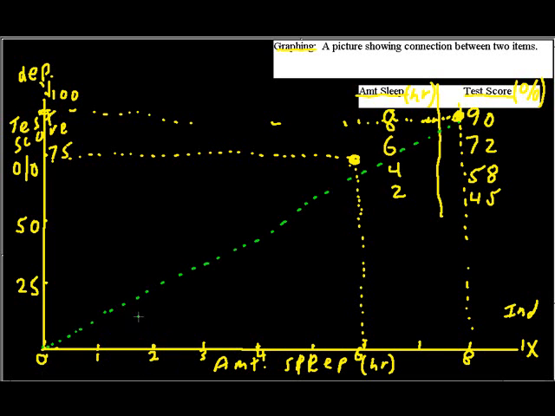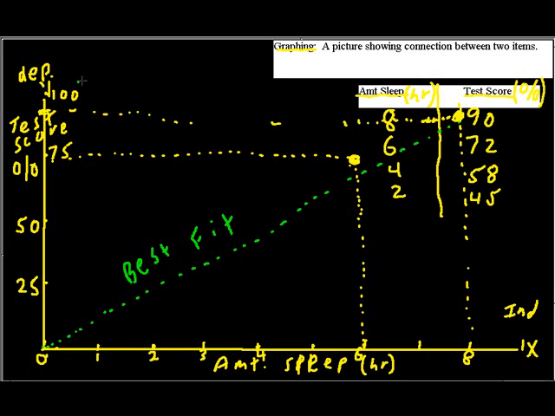So this is referred to as a best fit, where we connect by a single line the dots for the data.